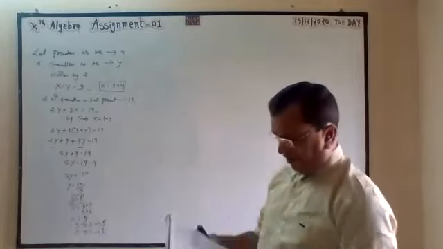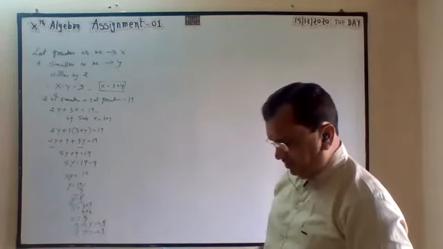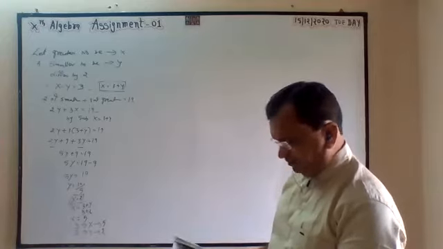Second, find the value of x and y. Find the perimeter of the rectangle.